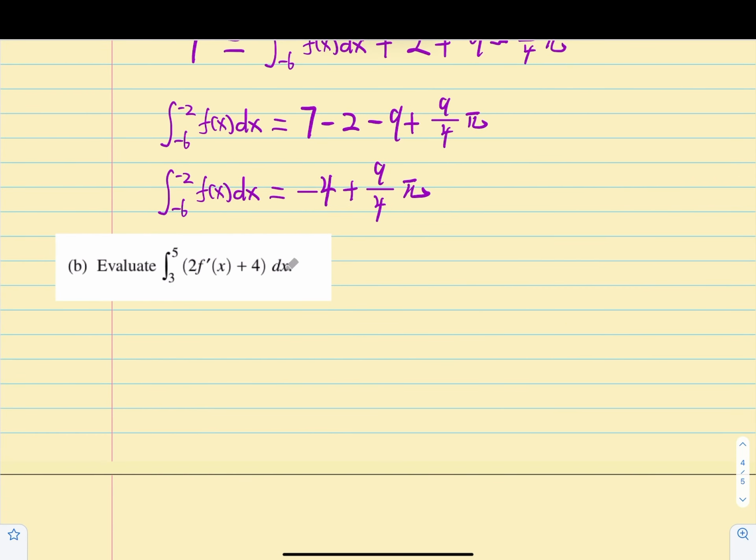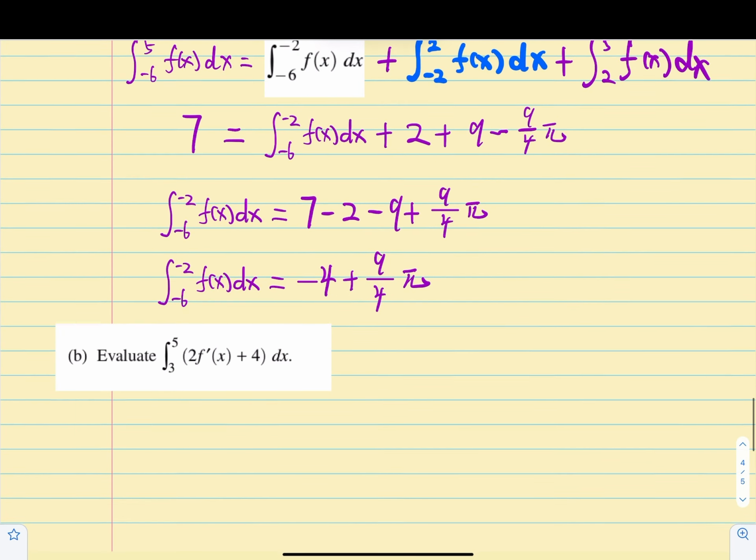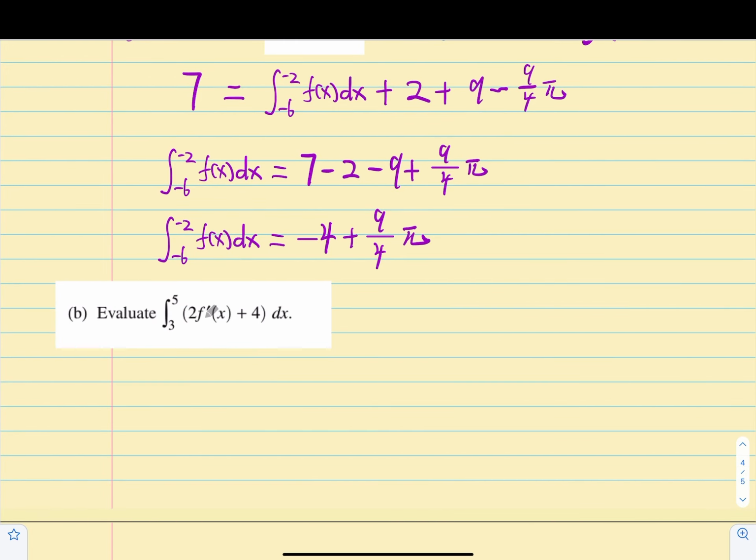Evaluate this integral. So we can start from here because this is 2 multiplied with a derivative of f(x). So we know this antiderivative of f(x). So we can write this down as equal to 2 multiplied by the antiderivative of f prime of x, which is f of x, plus 4x.